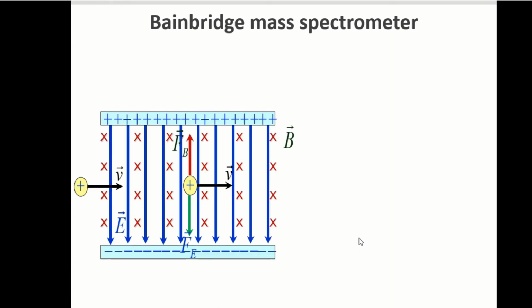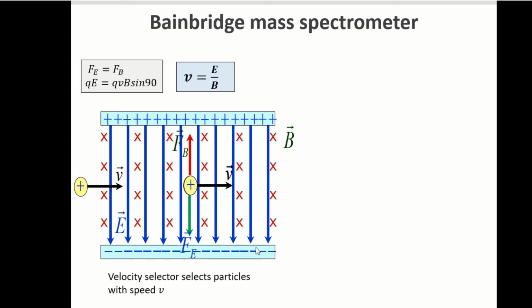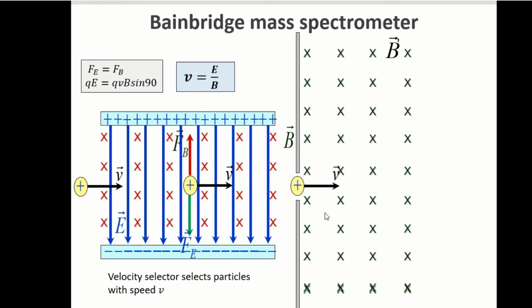After the charged particles have moved inside the velocity selector and have the same velocity, E over B, the particles go through the next chamber that only has a magnetic field. You have learned before that when charged particles enter a magnetic field, the charged particle will be deflected and move in a circular path.